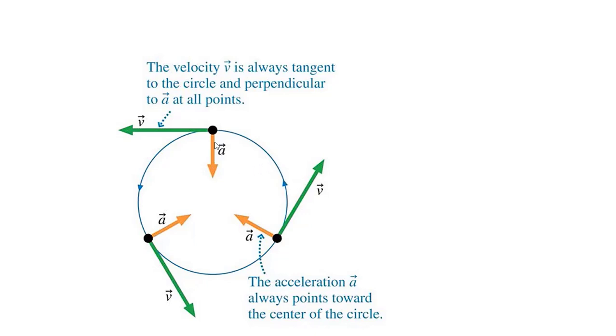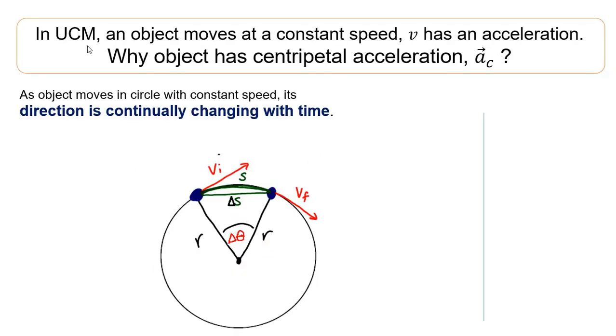The velocity v is always tangent to the circle and perpendicular to the acceleration a. The acceleration a is always pointing towards the center of the circle. In uniform circular motion, an object moving at a constant speed has an acceleration.